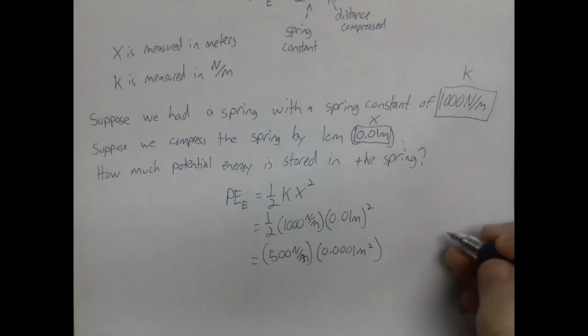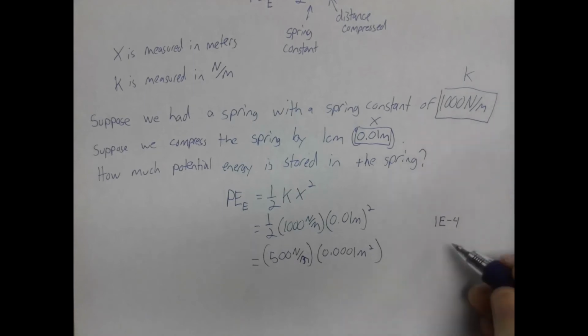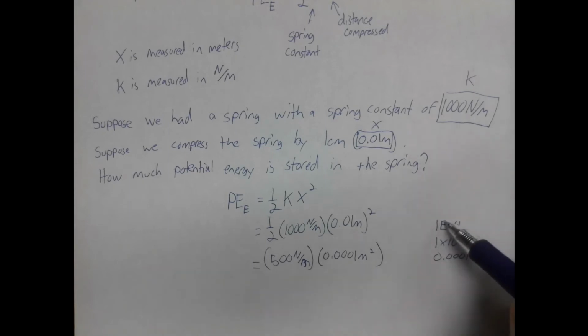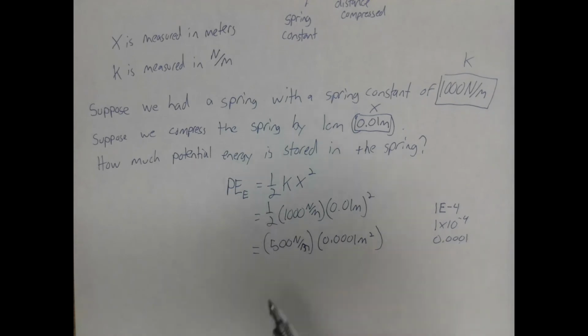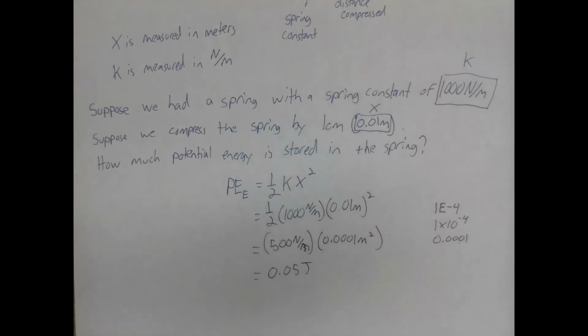If you're typing this in the calculator, it'll put 1e negative 4. This is the same thing as 1 times 10 to the negative 4, which is the same thing as 0.0001. These are all three the same numbers. But when typing this in, you get 0.05 joules.